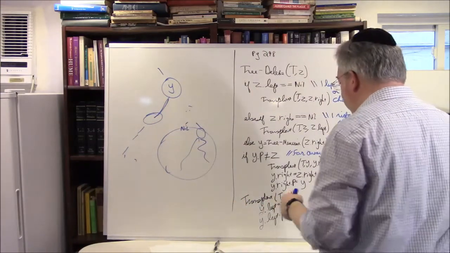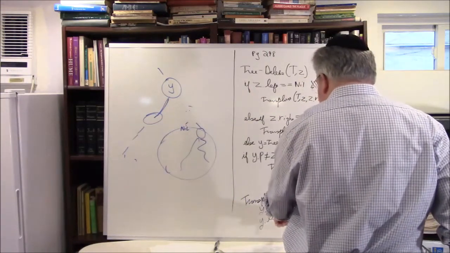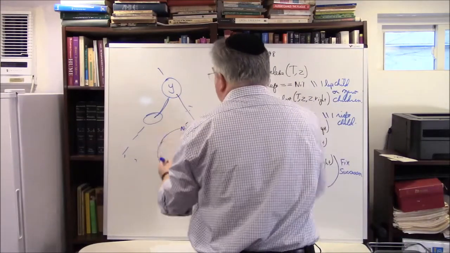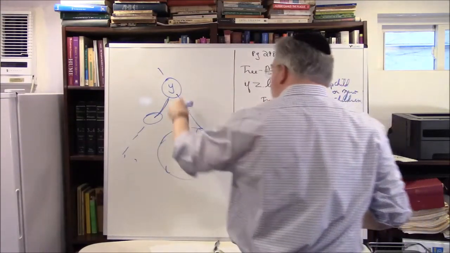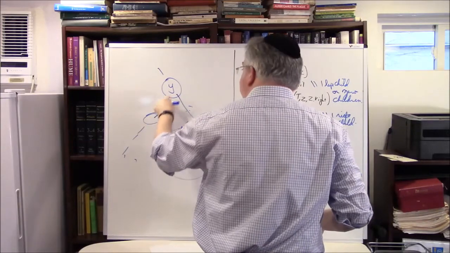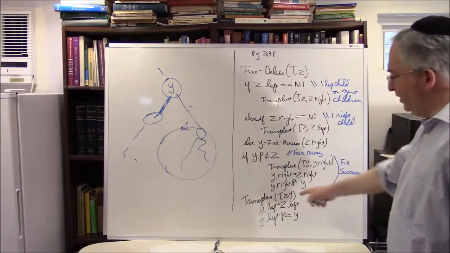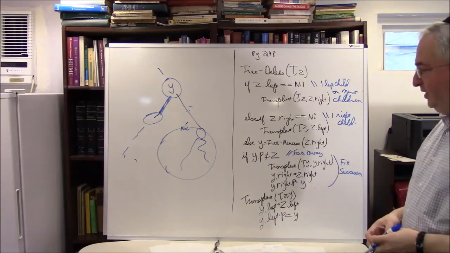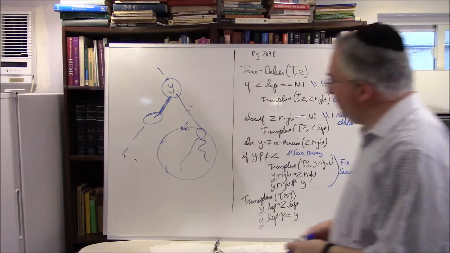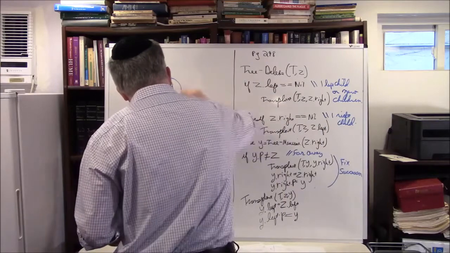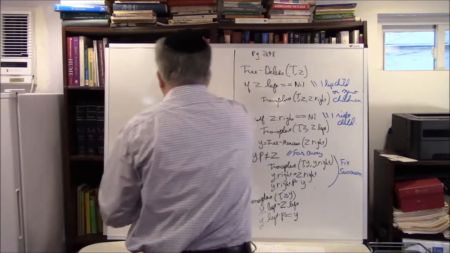And then finally, Y.left.parent is equal to Y. So attach it correctly like that. That takes care of that. Great, that's the easy case. The hard case is as follows. Let's just do this again.